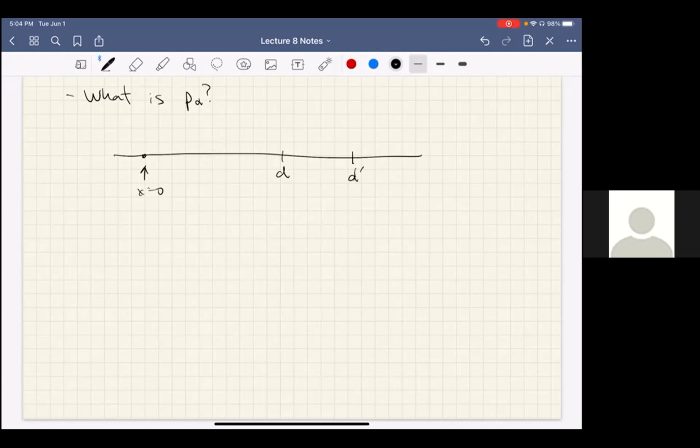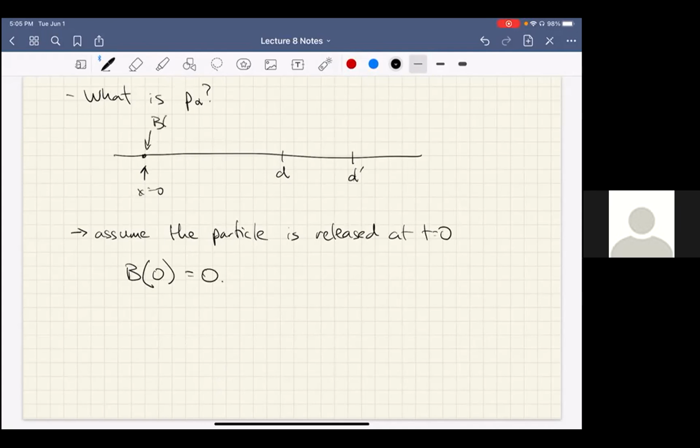To make this more concrete, we will assume the particle is released at t equals 0, which means that the initial point of my Brownian motion, B of 0, B at time 0, is 0. So over here, B at 0 is equal to 0. That's my initial point of the Brownian motion.